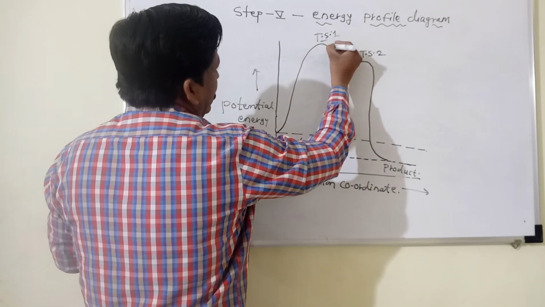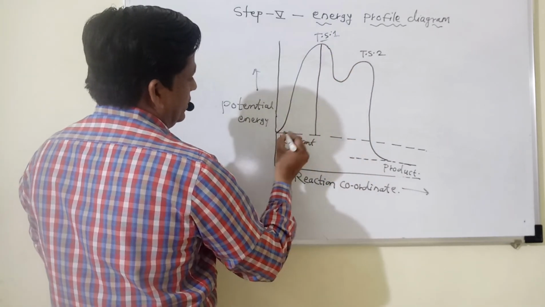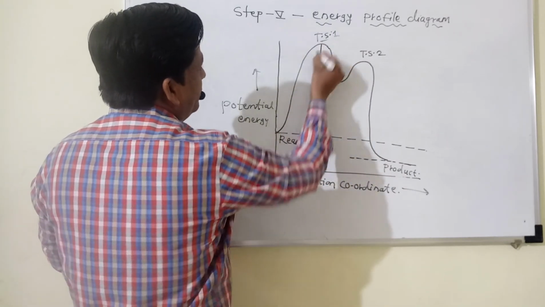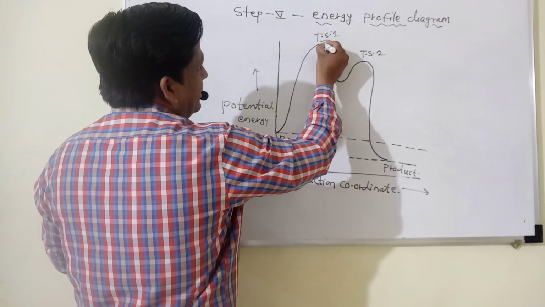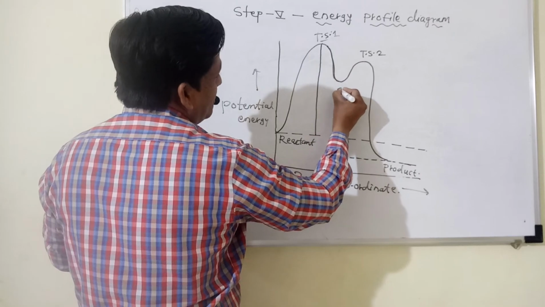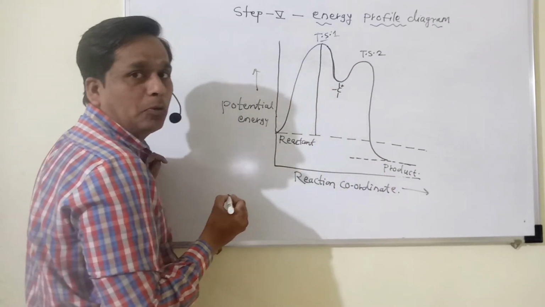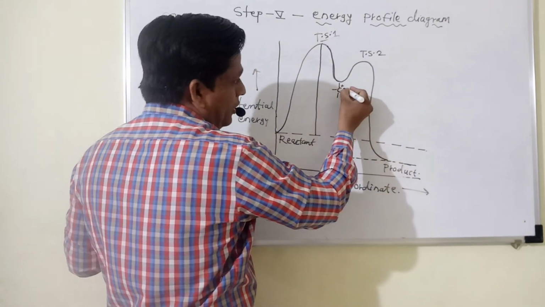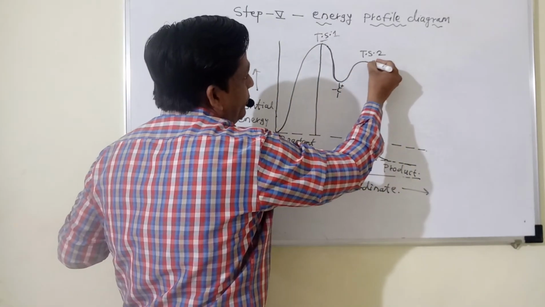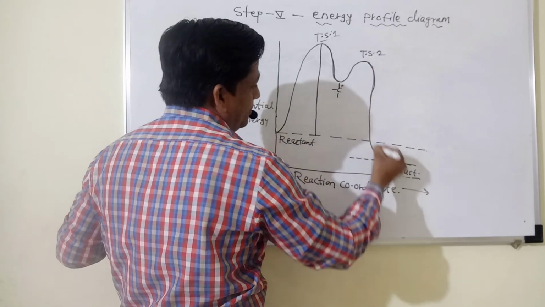The reaction starts from here, we get the first transition state, and here we get the carbocation. Then the nucleophile attacks again, and in the second step we finally get the product.